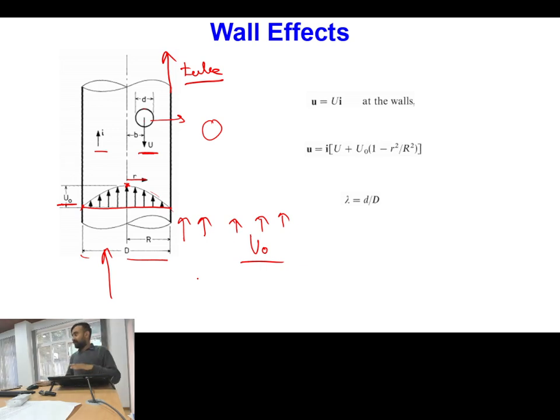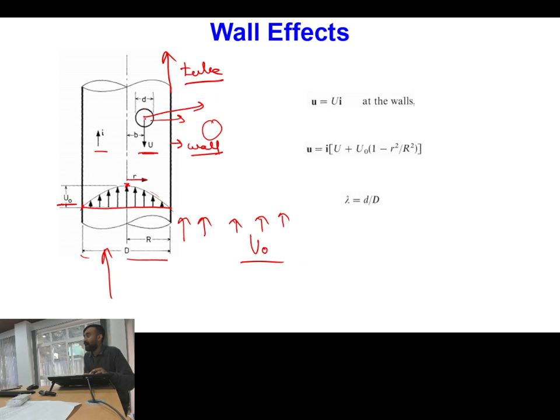Now, if I consider the analysis the way we have done previously, if I fix my reference frame on the particle, then what will be happening? All the surrounding things will be moving with reference to the particle. So in my actual configuration, this particular wall is at rest and the particle is moving in downward direction.